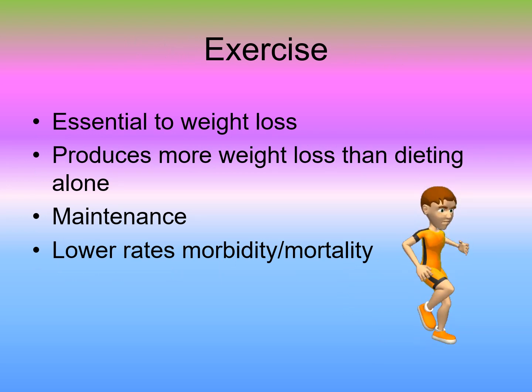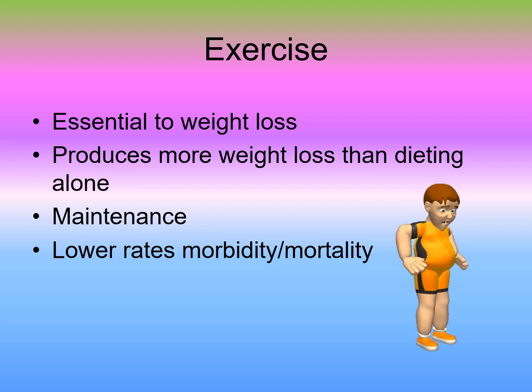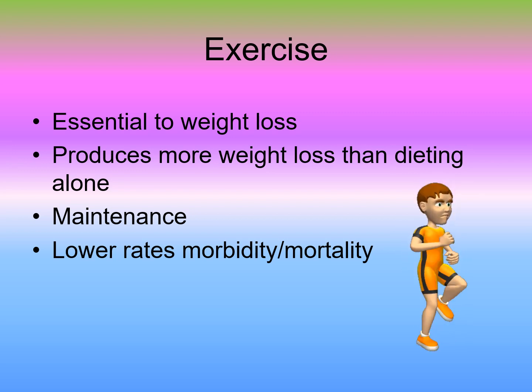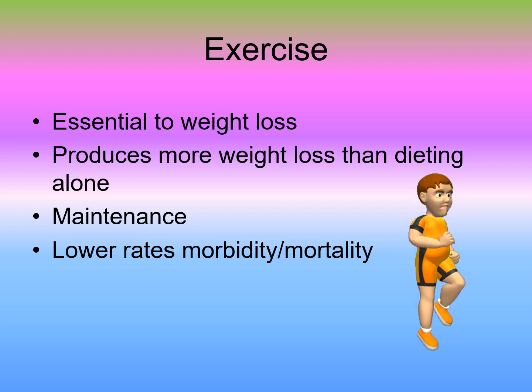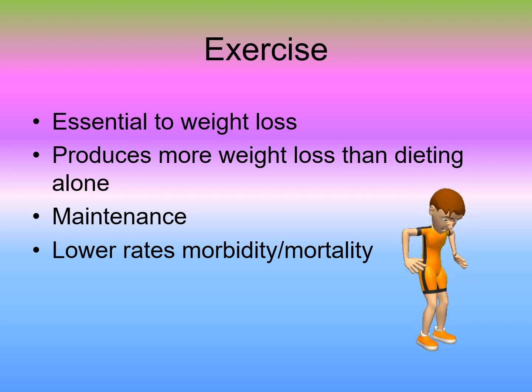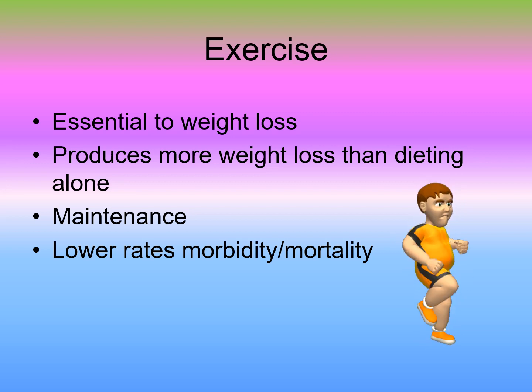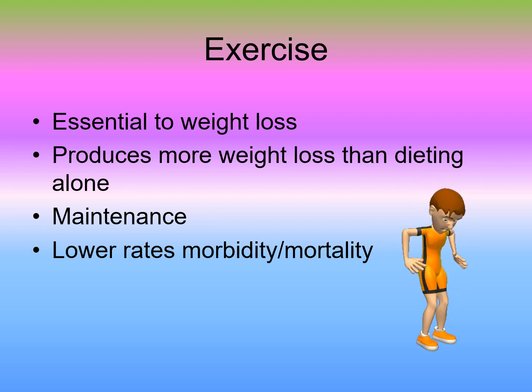Exercise is essential to weight loss. It produces more weight loss than dieting alone. So again, energy out should be more than energy in. In other words, expending more energy than what they're eating.